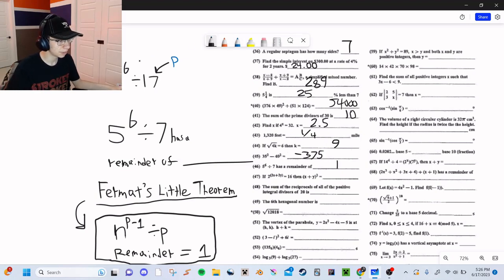And this exponent right here is 1 less than p. It's 16, 17 minus 1. And we have this number 13, just any natural number. If these conditions are satisfied, this should be a remainder of 1.